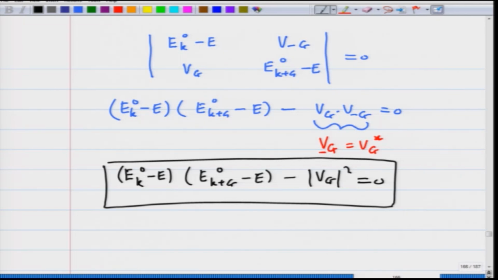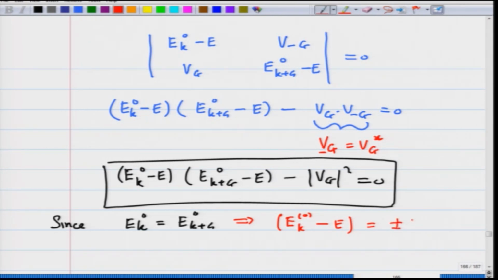So, let us now look at what it gives me. Since E k 0 equals E k plus G 0, this implies that E k 0 minus E is equal to plus or minus V g, or E equals E k 0 plus or minus mod V g.